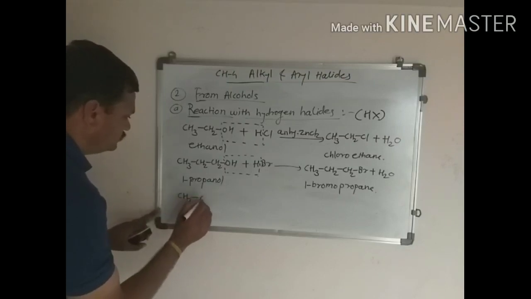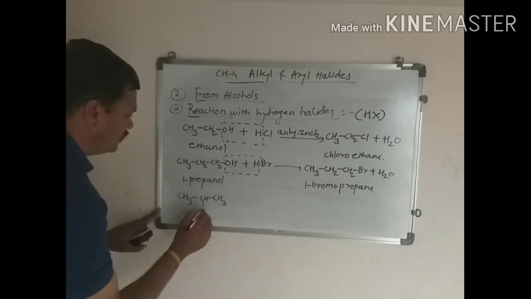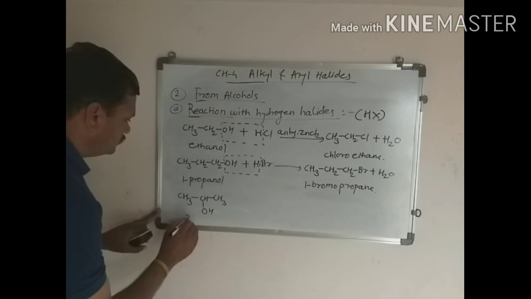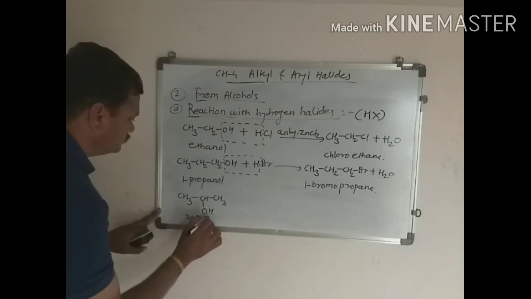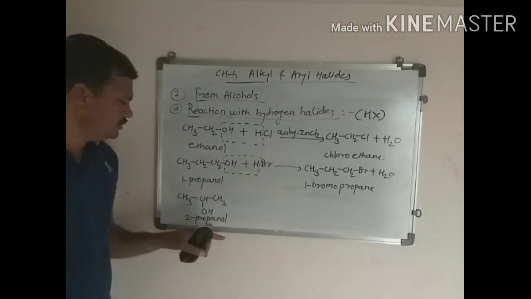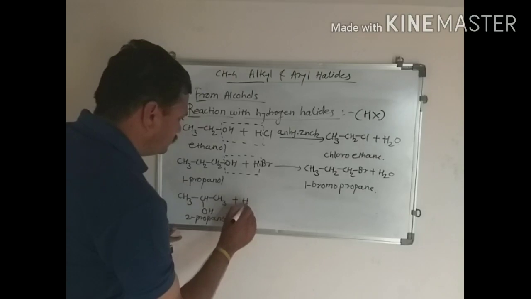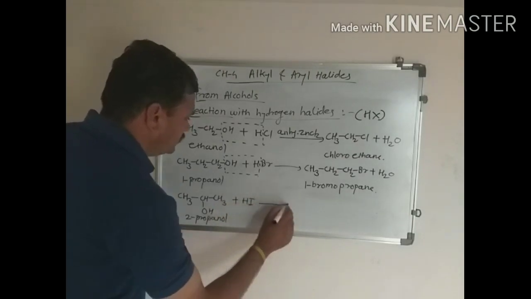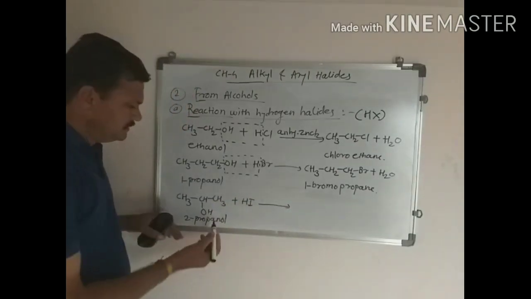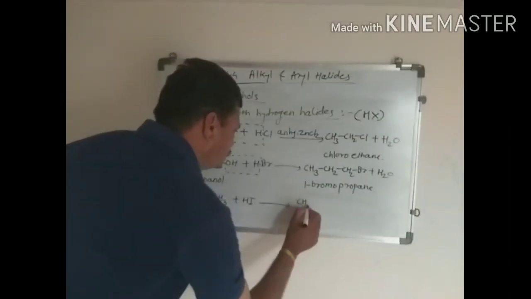Third example, isopropanol, or 2-propanol. Isopropyl alcohol, or 2-propanol, when treated with hydroiodic acid, the same reaction takes place, removal of a water molecule, and we get the product.